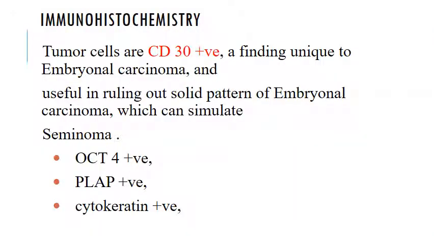Coming to immunoreactivity of embryonal carcinoma cells, the marked feature is they are CD30 positive, which makes embryonal carcinoma unique. CD30 positivity will differentiate it from seminoma. Apart from CD30 positivity, they are also OCT4 positive, placental alkaline phosphatase positive, and cytokeratin positive.